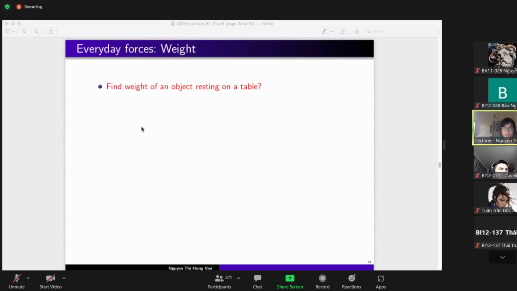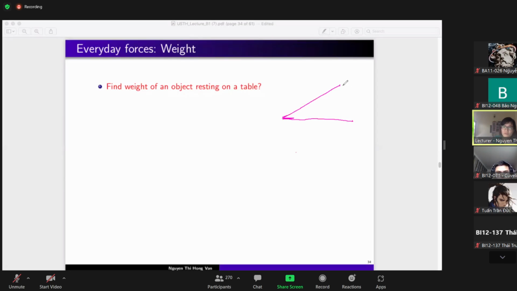So find the weight of objects resting on the table, but now my table is in this case. I put my table here, like this, inclined to the horizontal.